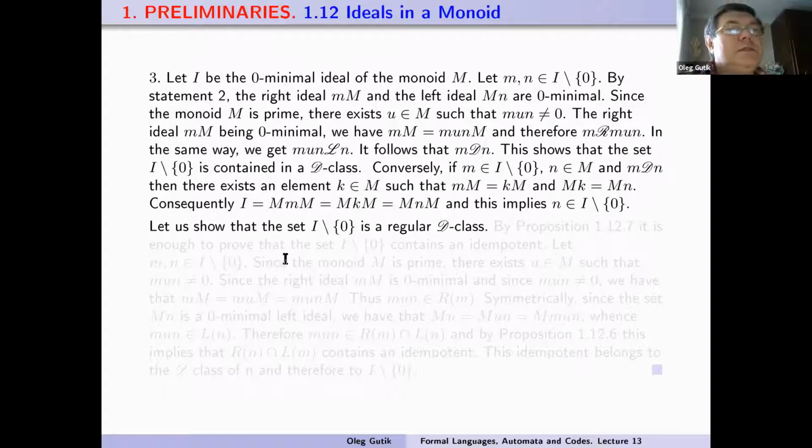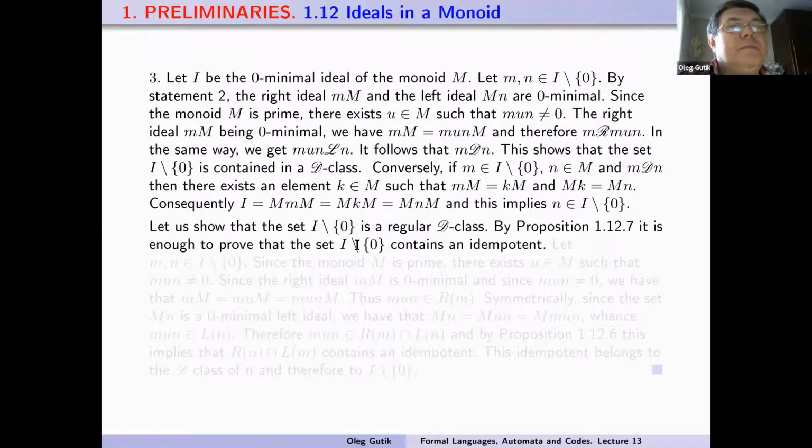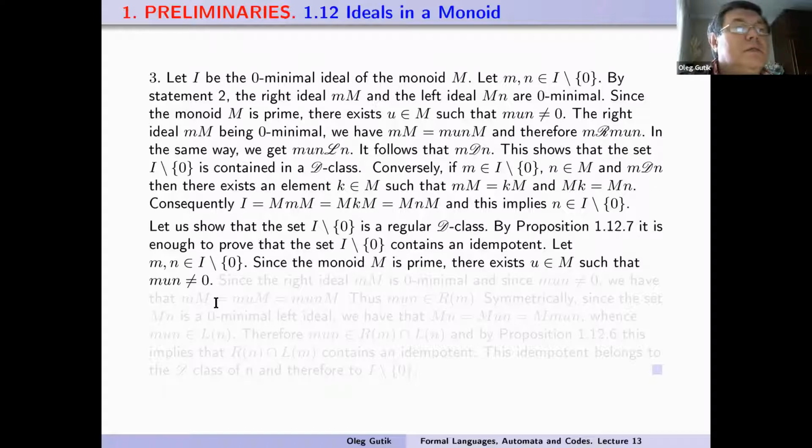Let us show that the set I capital without 0 is a regular D class. By proposition 1.12.7, in order to prove this it suffices to show that the set I capital without 0 contains an idempotent. Let M and N be elements of I capital without 0. Since the monoid M capital is prime, there exists an element U of M capital such that MUN is not equal to 0.